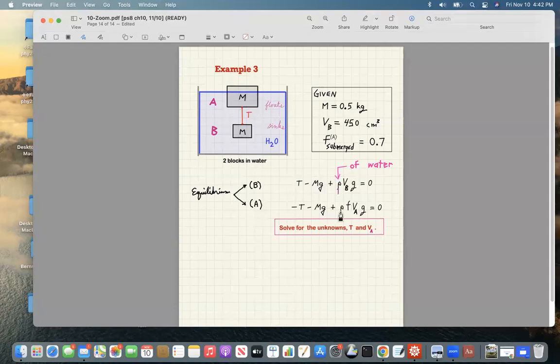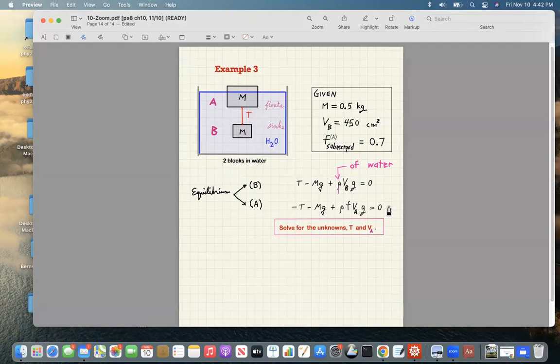So that'll be the density of water times the volume of displaced fluid, which is a fraction of this volume, which is given as 0.7. So plus a fraction of the volume of A times g. So this is the buoyancy force. The sum of these three forces is 0.